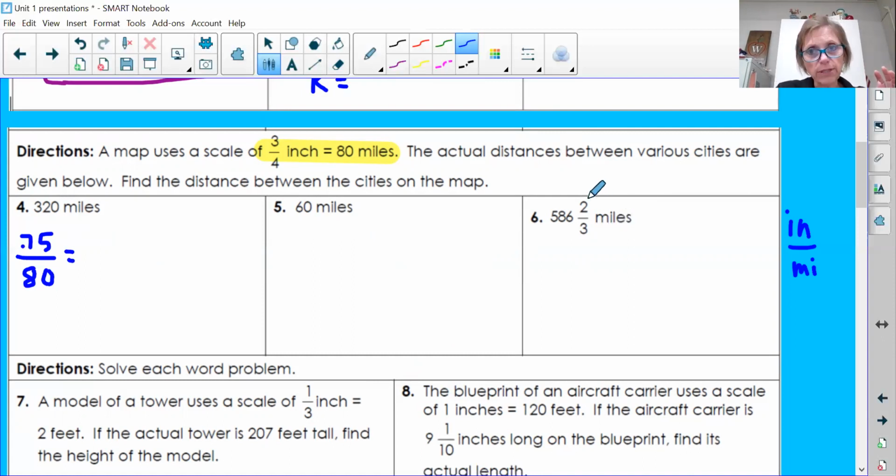Okay, here's an issue, and you need to know that if you divide 2 by 3, the decimal goes on and on and on. It repeats, and you cannot round. Okay, so let me show you what you need to do. First of all, I have 0.75 over 80. That has not changed.